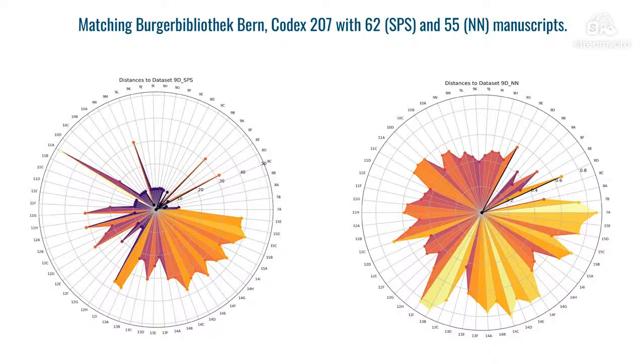And the right diagram shows the same analysis. So I measured the distance from manuscripts from all the centuries to this Codex 207 from Bern, which is from the 9th century, to see if the computer, so our neural network, has learned something.